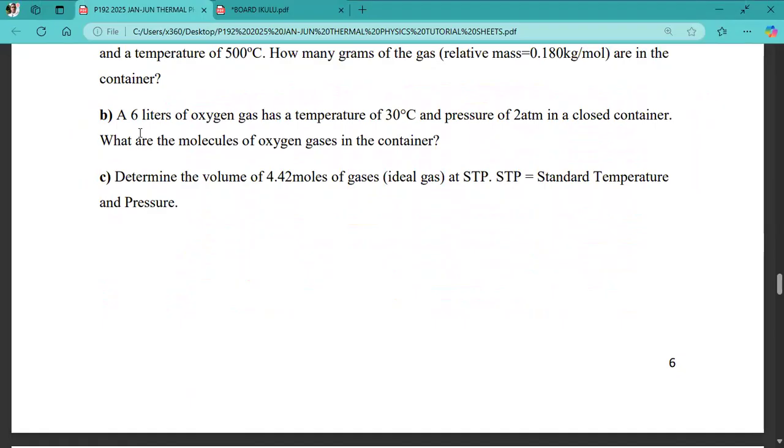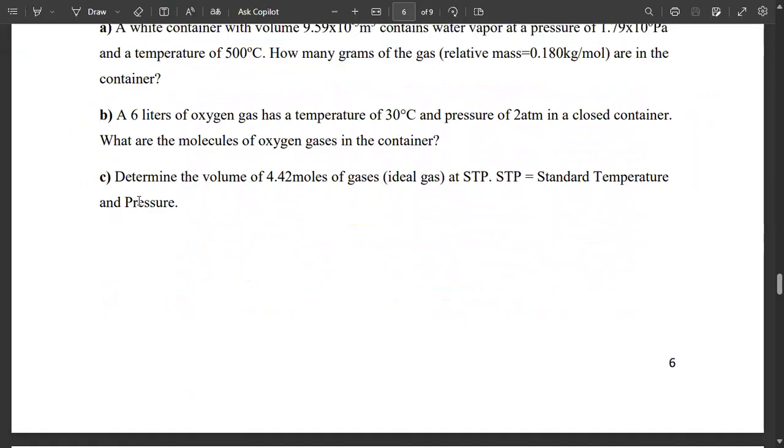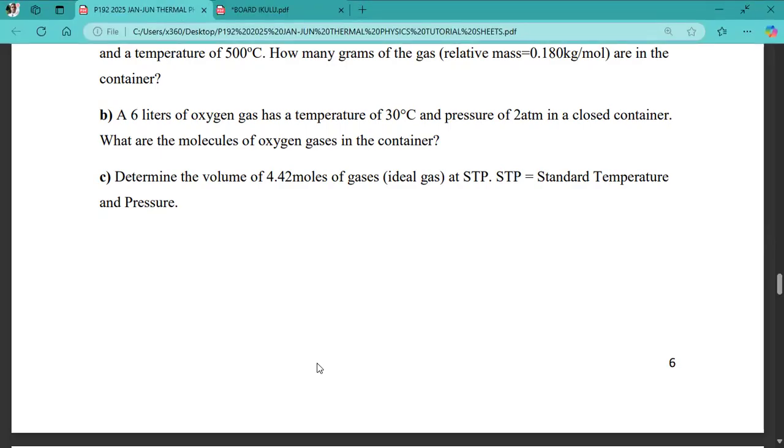Let's go to the next question, question D, which is saying, determine the volume of 4.42 moles of gases at the standard temperature and pressure. Okay, so let's go to a blank board here.